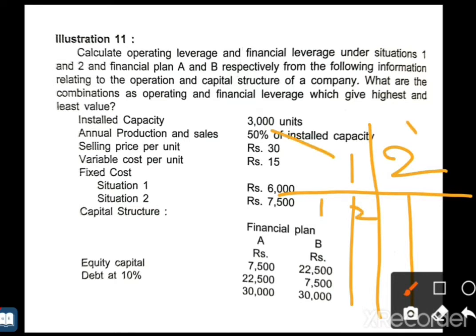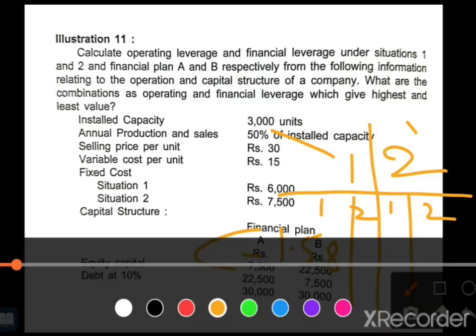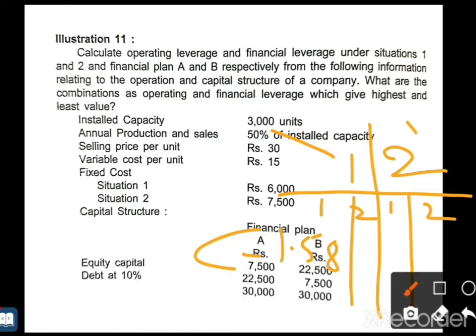The combined leverage answer in plan 1 situation 1 is 1.58. In plan 1 situation 2 it is 1.76.